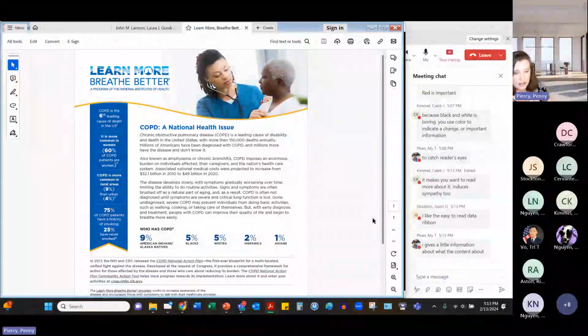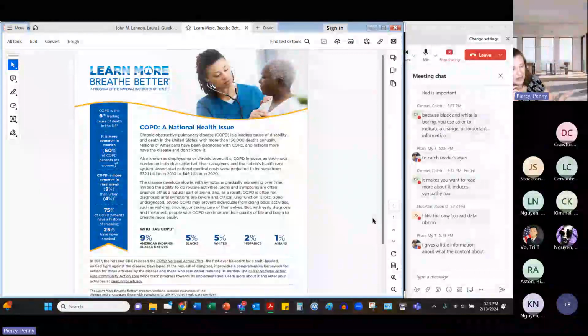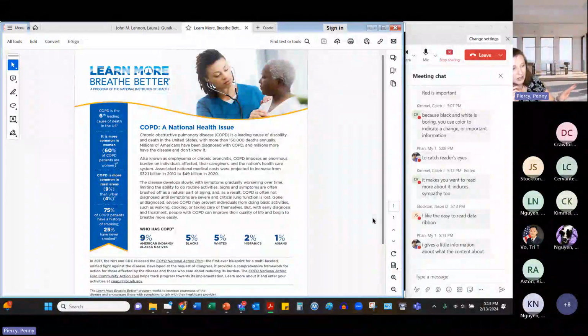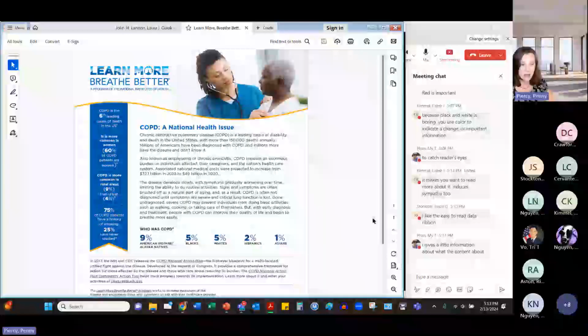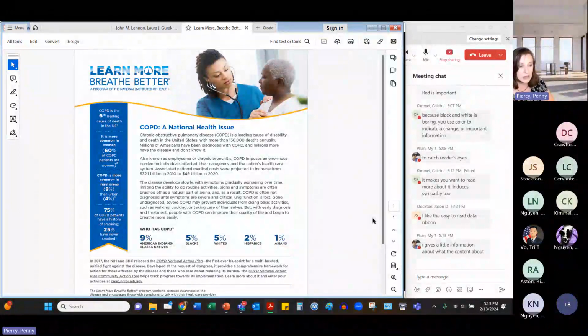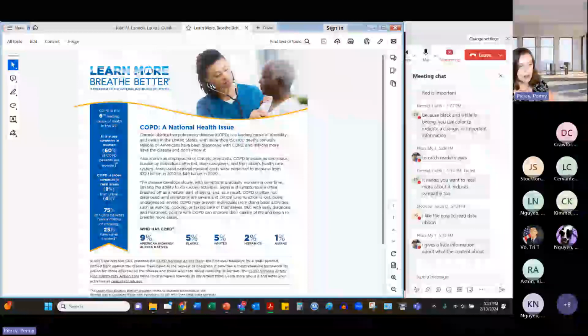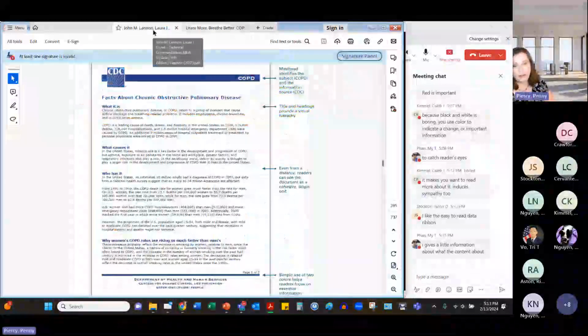Jason says, I like the easy to read data ribbon. Yeah, to me, that really stands out. Both the ribbon on the side with the information about it, and also the data on the bottom about the different ethnic groups and the rates of COPD in those ethnic groups. It stands out so much more than the numbers over here, right?